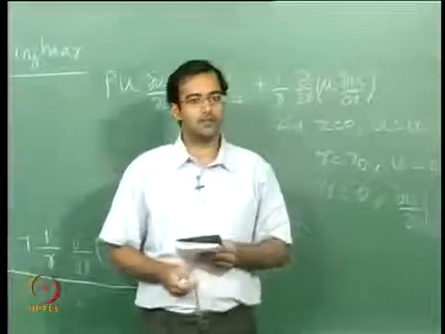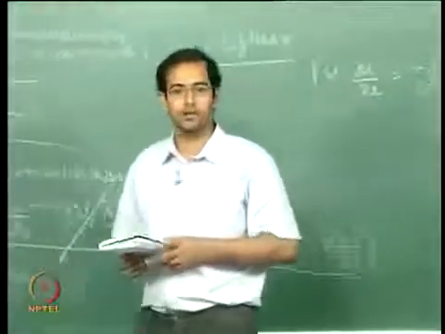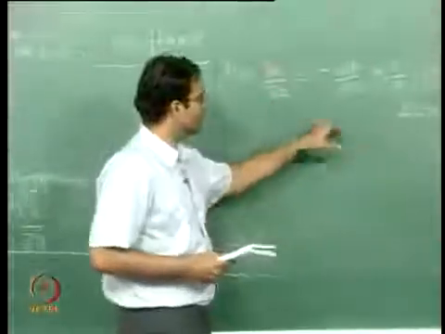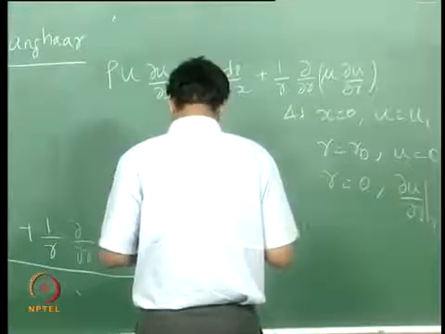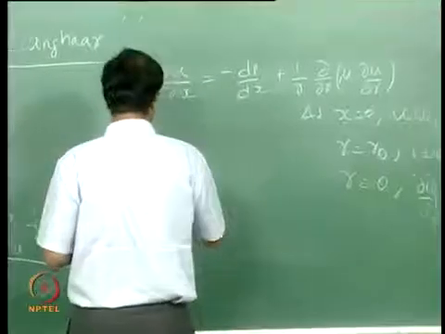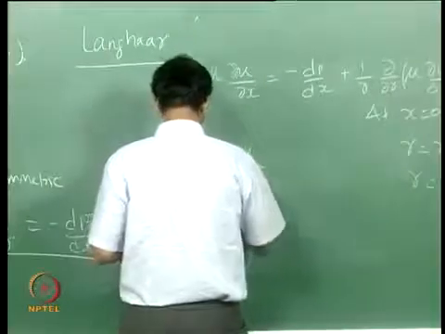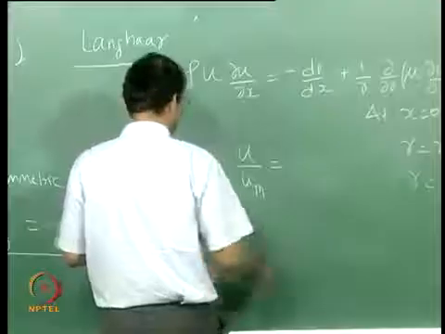Okay, so he solved this numerically. Of course you cannot find a closed form analytical solution because of all these terms right here, and he got a velocity distribution which was in terms of Bessel functions.